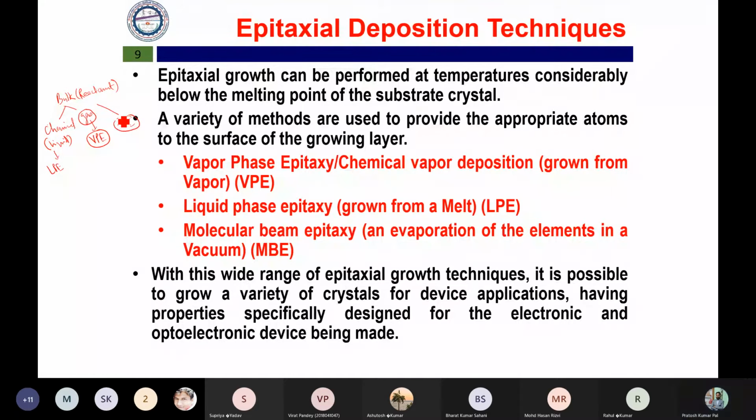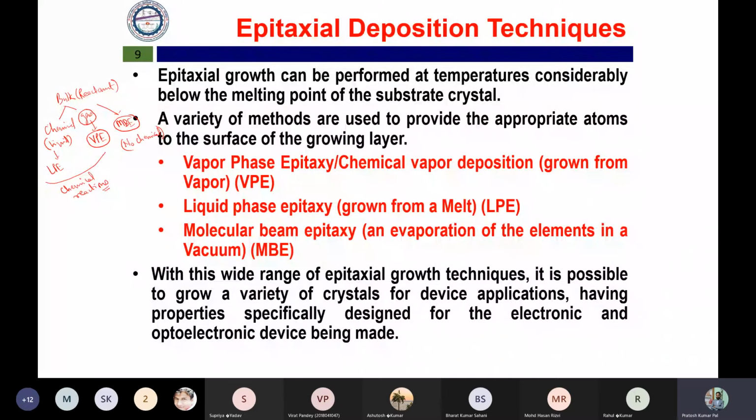In the two methods, LPE and VPE, there will be some chemical reactions between the substrate and the reactant, and after the chemical reaction there will be a deposition, or we call it precipitation, of the doping atoms onto the substrate for an epitaxial deposition.